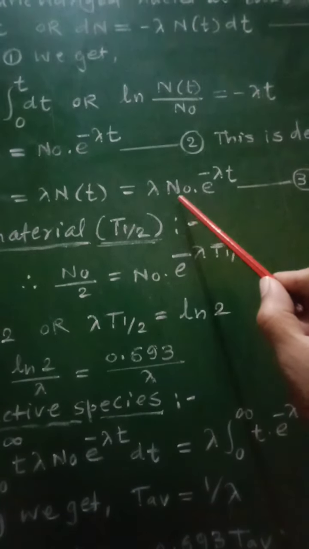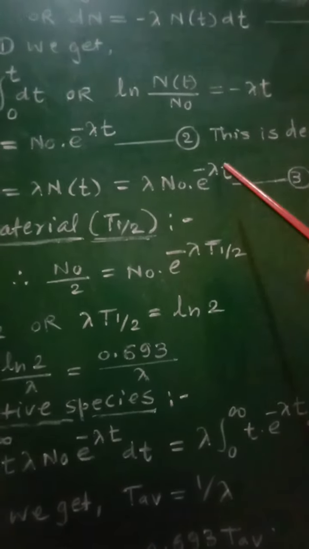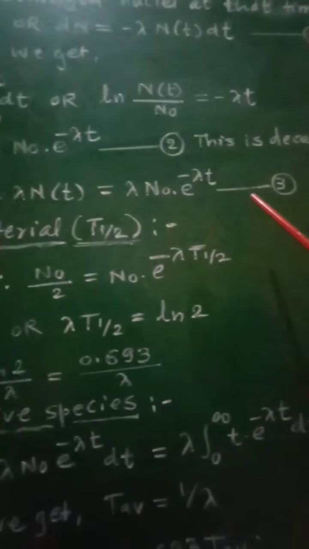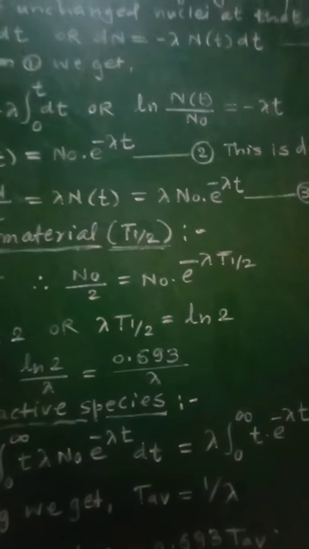So lambda into N0 e raised to minus lambda t will be the activity A(t). Let it be equation number 3.